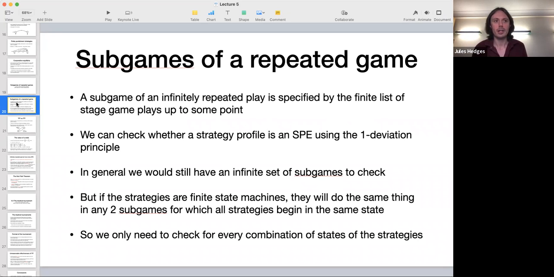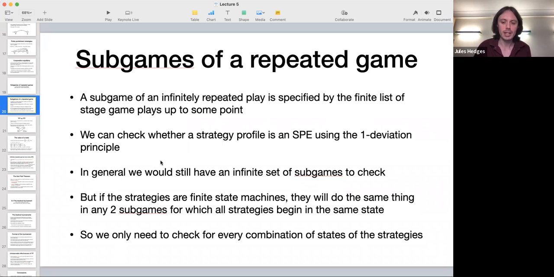And given that positive affine transformations don't change anything, essentially every subgame looks like the game that we started with. So this is an amazing fact about infinitely repeated games. It is not true for any finite game, because when you take a subgame of a finite game, it has to be smaller than the original. But in an infinitely repeated game, this is no longer the case. Subgames don't have to be smaller.